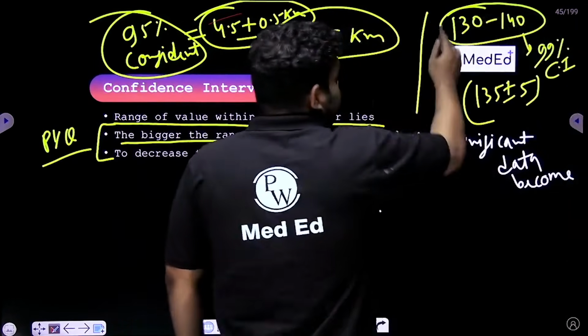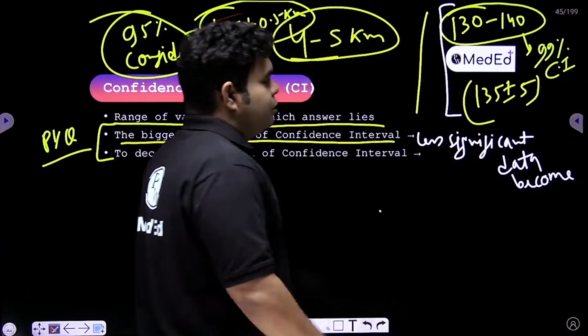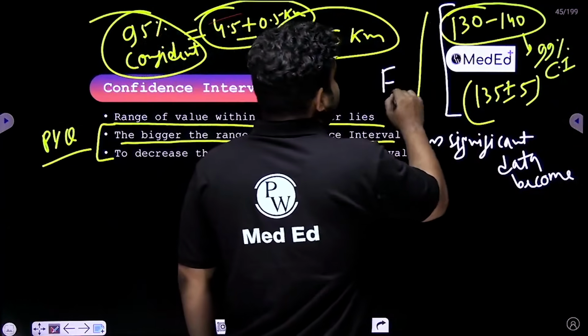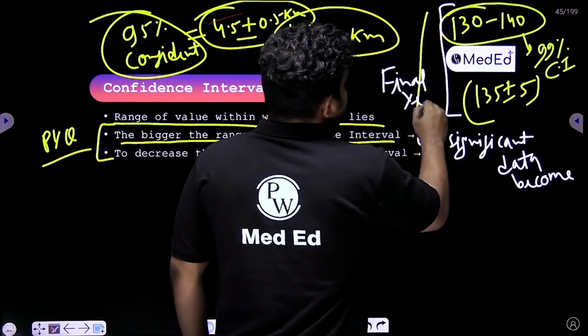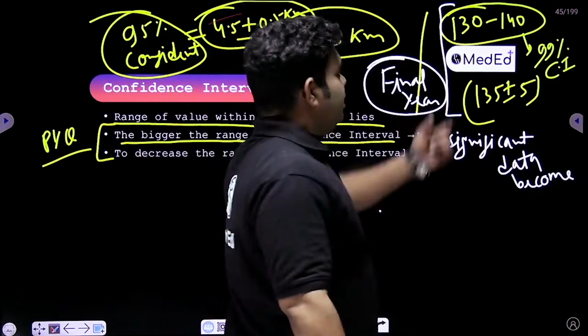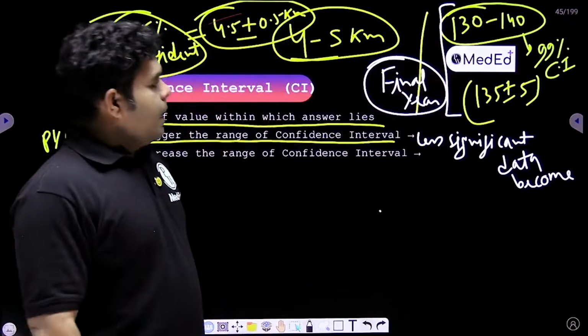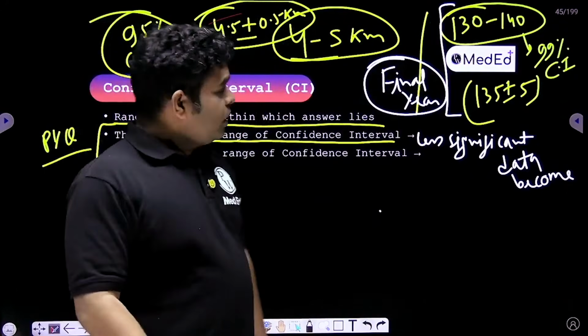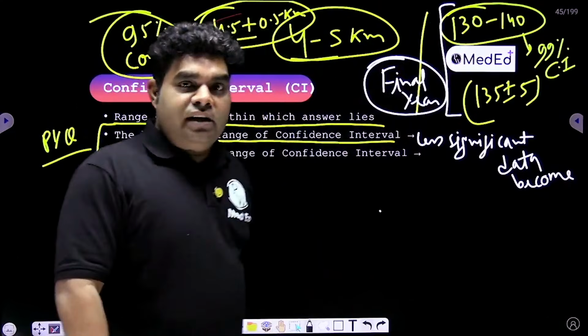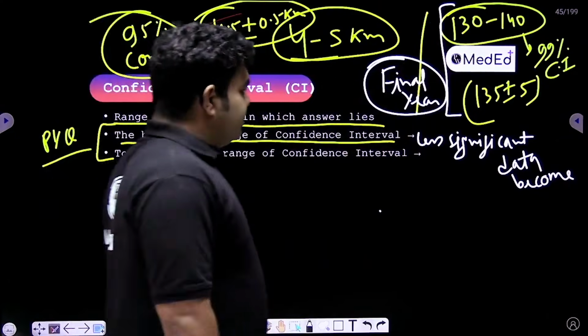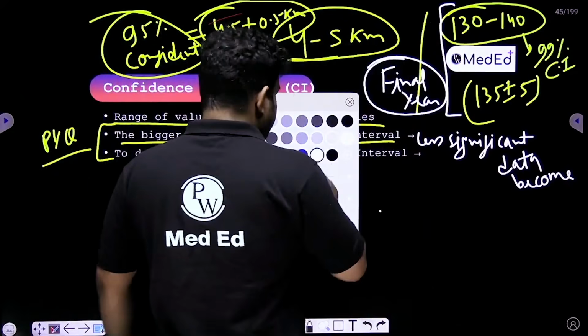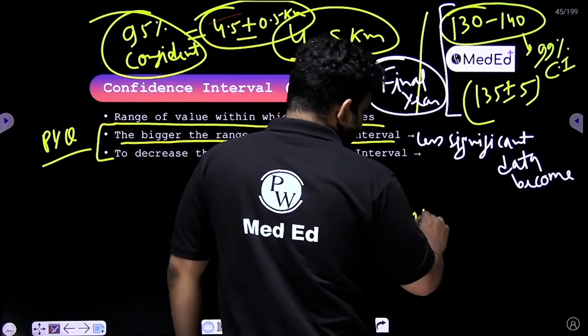For example, you are a post-intern or final year student, and a final year student is giving the answer that I will get between 130 to 140, 65 to 70% marks out of 200. This is the final year student's confidence interval. Now suppose I ask the same question from a first year student who just joined MBBS.